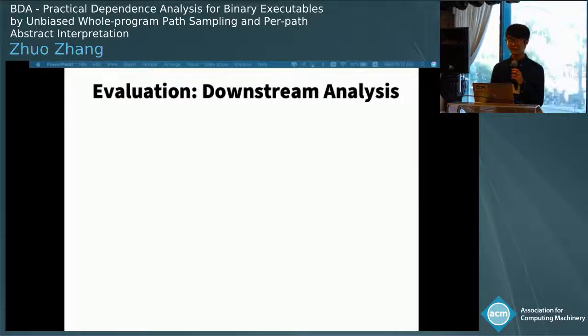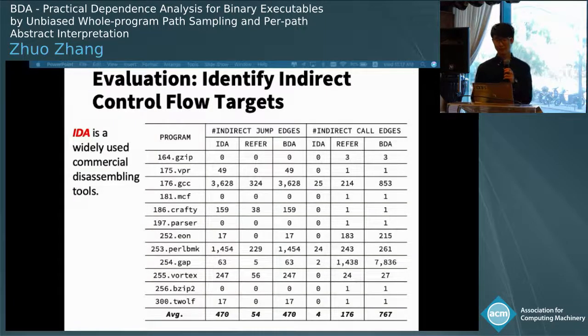Then we evaluate BDA in two downstream analyses. The first one is to identify indirect control flow transfer targets for SPEC programs. In this experiment, we compare BDA with reference execution and IDA, a widely used commercial disassembling tool.